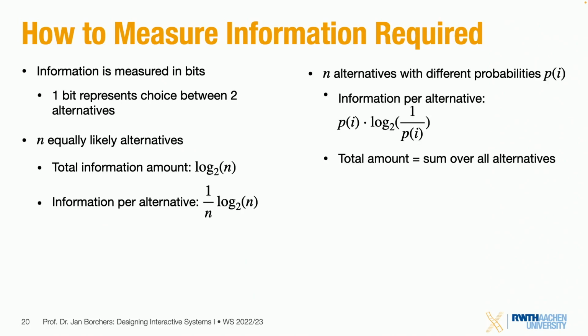Now, if I have n alternatives with different probabilities, so not everything is equally likely, then I need to do a tiny bit more math.